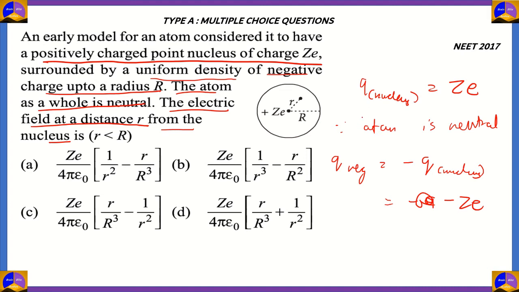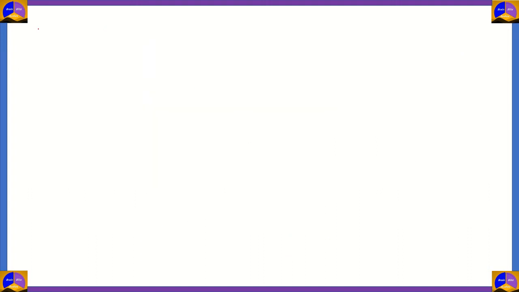Now, we need to find out the negative charge density and then find out the electric field at a distance r from the nucleus. So how do we do that? Well, the negative charge density here in this sphere of an atom is rho, the volume charge density. That is Q by V, charge divided by volume.